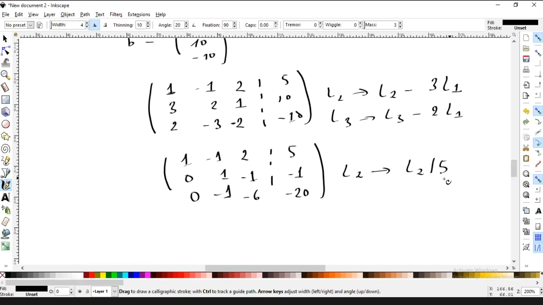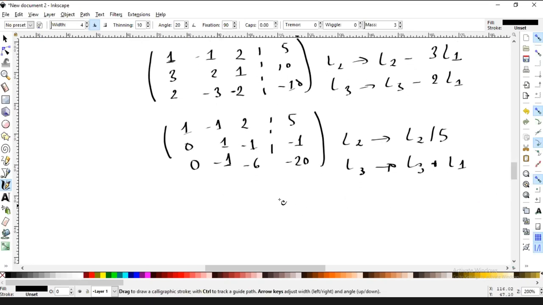Now we want to subtract this. So we have L3 plus L1.